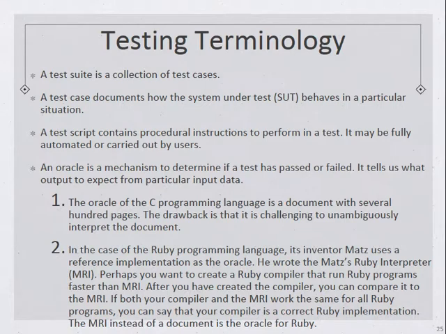So some terminology in testing: a test suite is a collection of test cases. And a test case describes how to test. Sometimes, because of test automation, the tests themselves are programs. So when we say programs, sometimes it may be confusing.